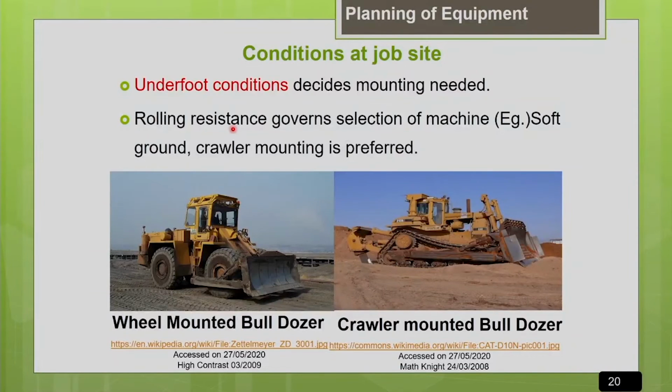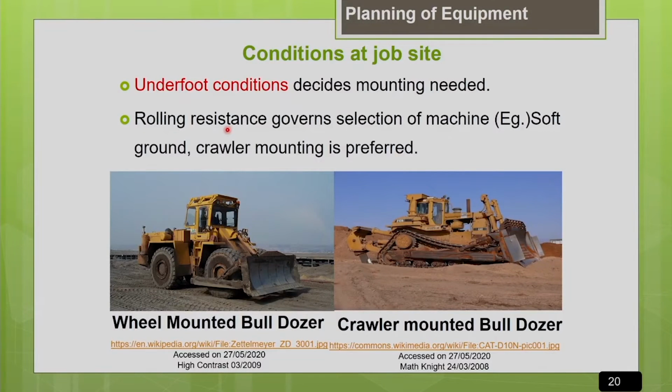In that case, you have to go for machines with greater horsepower capacity because we need more power to overcome the underfoot conditions. After overcoming the rolling resistance, the remaining power is only available for the machine to do the actual job of either excavation or towing the load. So first we have to overcome the underfoot conditions.